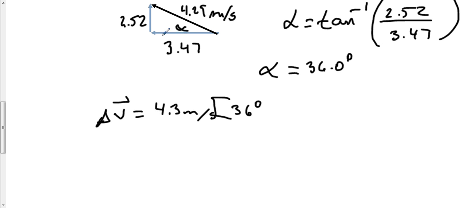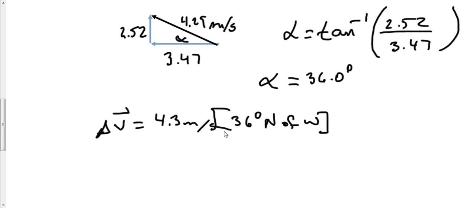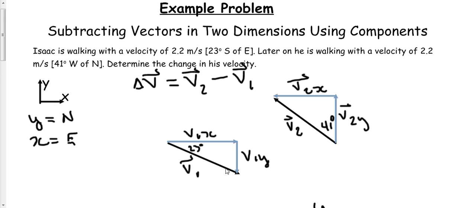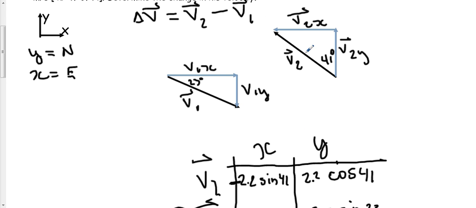Now let's look at this. I started west and I went north, so it's north of west. Let's just consider why that might make some sense. If we go back to my initial vectors, and I have v2 minus v1, and I try to add those together graphically, the way we used to.